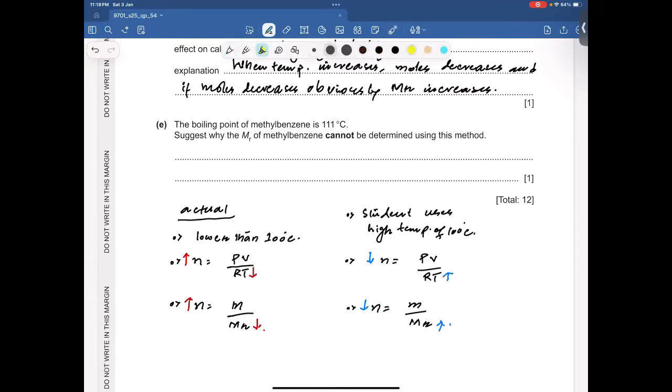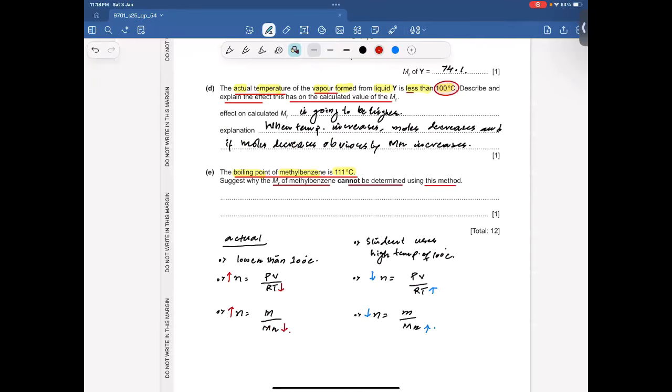Next part of the question: the boiling point of methyl benzene is 111 degrees Celsius. That's the boiling point of methyl benzene, and that's very important. Suggest why the MR of methyl benzene cannot be determined using the method.